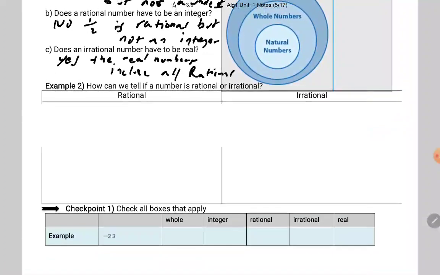So, example 2, how can we tell if a number is rational or irrational? So if it's on the rational side, we have all the fractions, all the integers, all decimal numbers that stop.